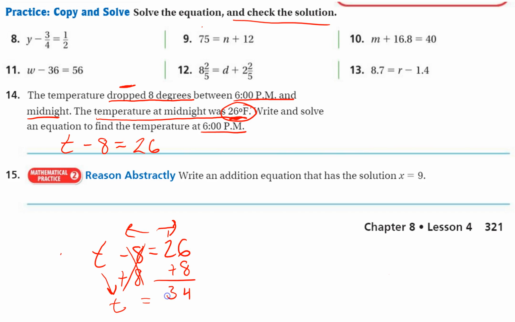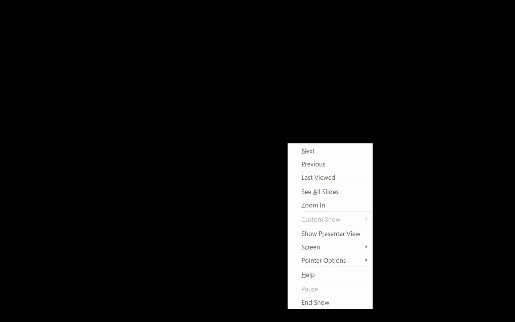And then add our 10s, 34. So t equals 34. Plug it in to check. I put in 34 for t, minus 8 equals 26. Is that true? Yes, it checks out. Okay, so then I would write up here t equals 34 degrees Fahrenheit.